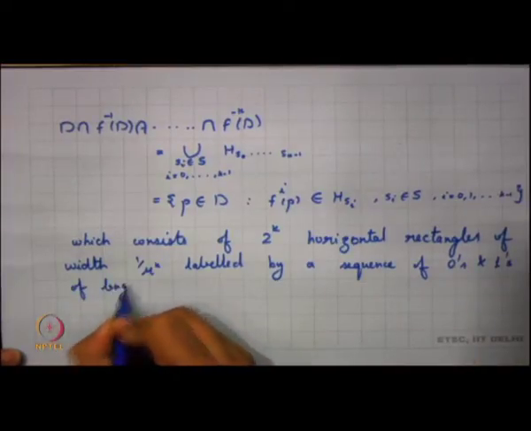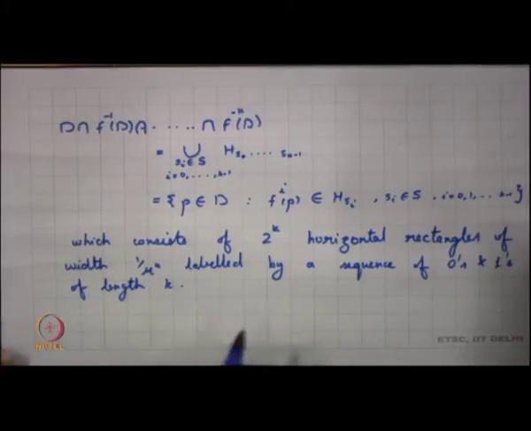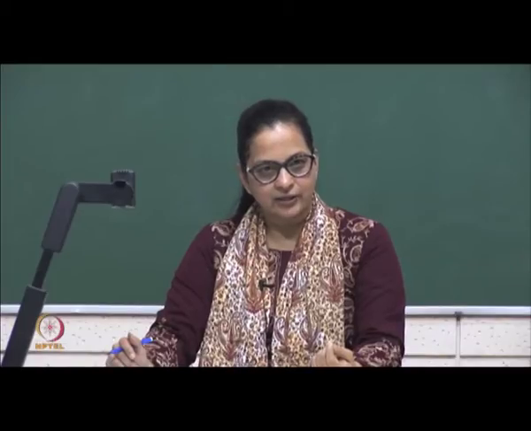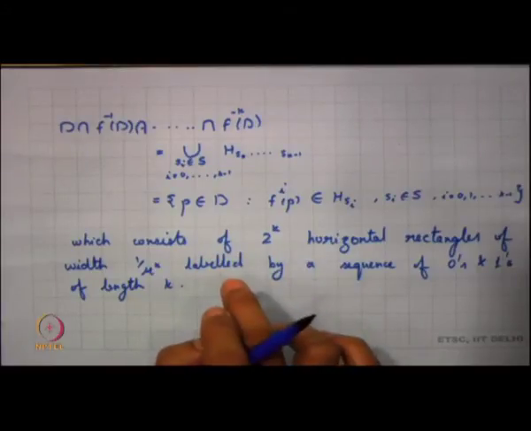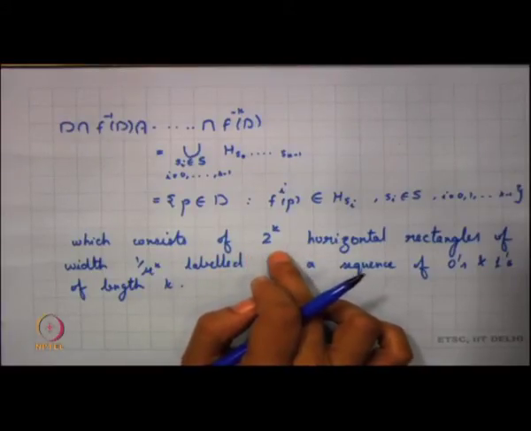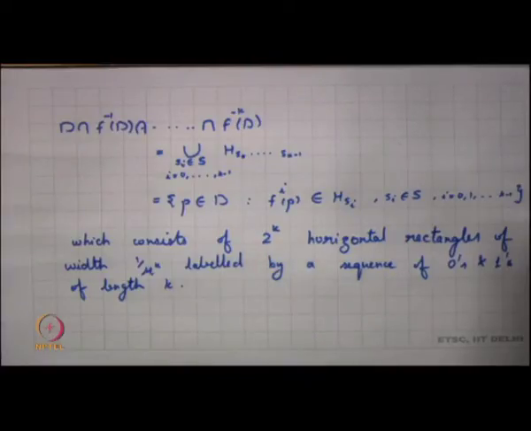So, I am taking a sequence of length k of zeros and ones, and I find how many, because I am taking 0 1 again. How many sequences of length k do I get? I get again 2 to the power k sequences, and we get 2 to the power k horizontal rectangles. So, we have a unique association of a sequence of length k with each of the horizontal rectangles.